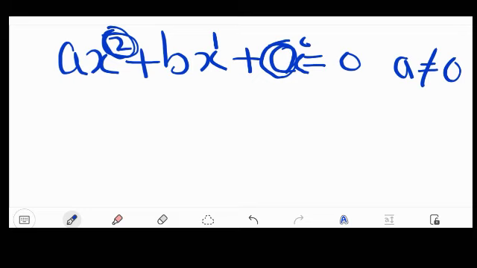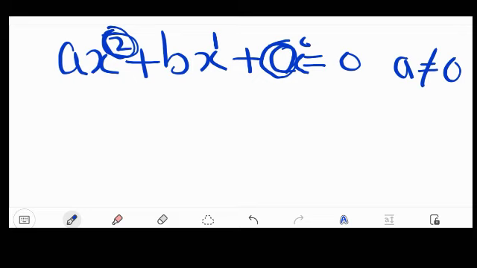As an algebraic property, whenever we have an algebraic equation, we have to decide the degree of the polynomial. The highest degree of the variable is called the degree of the equation.